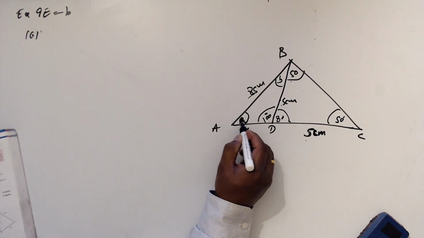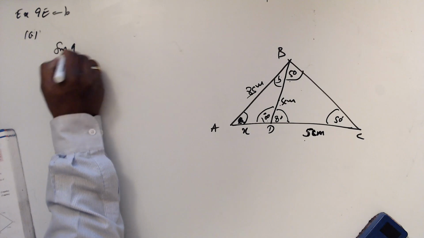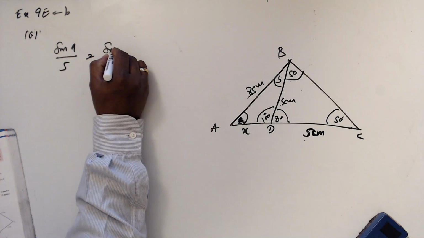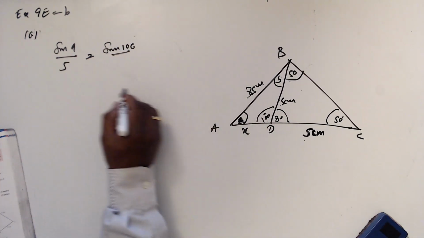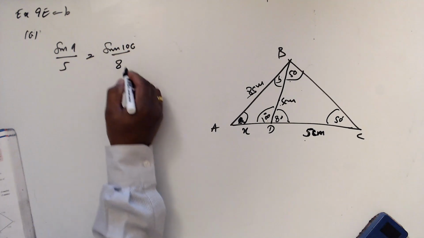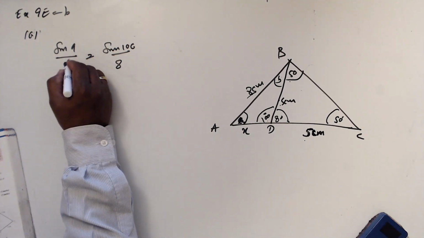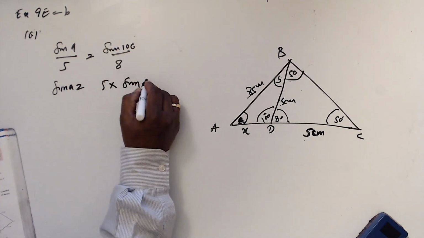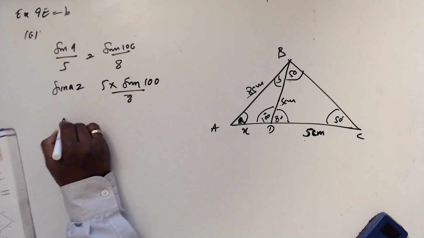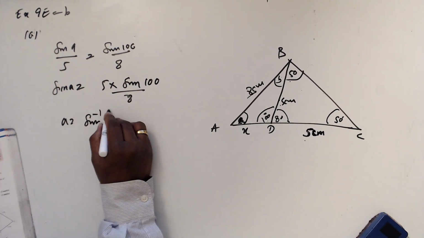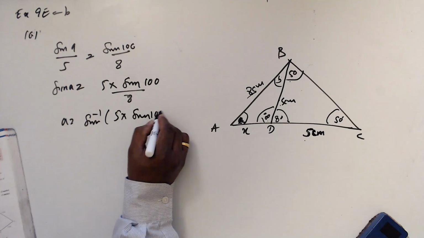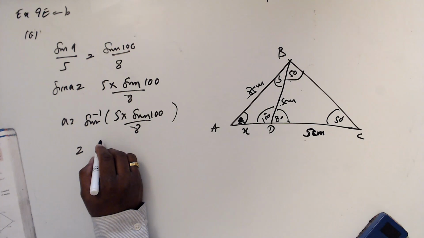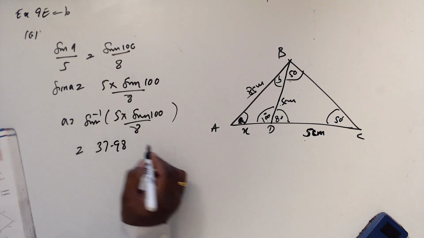So I'm going to find this angle now. Sine A over 5 equals sine 100 over 8. Then sine A equals 5 times sine 100 over 8. A equals sine inverse of 5 times sine 100 over 8, which is 37.98.